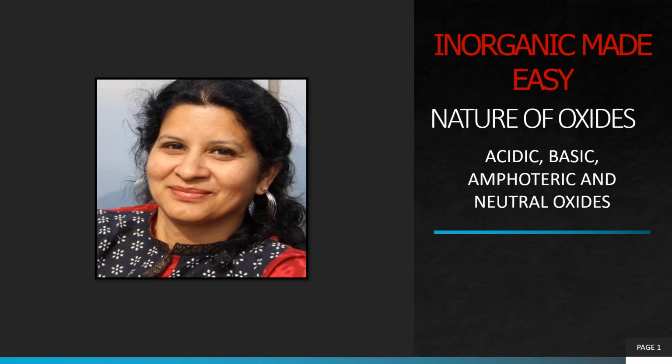So we have so many elements combining with oxygen to form oxides, and then we have to tell which of them are acidic, basic, amphoteric, and neutral. Students really find it difficult to learn that, and then obviously they are not able to attempt it in the examination. So we are going to make you understand the concept first of all, and then we will give you a trick to remember these acidic, basic, amphoteric, and neutral oxides.